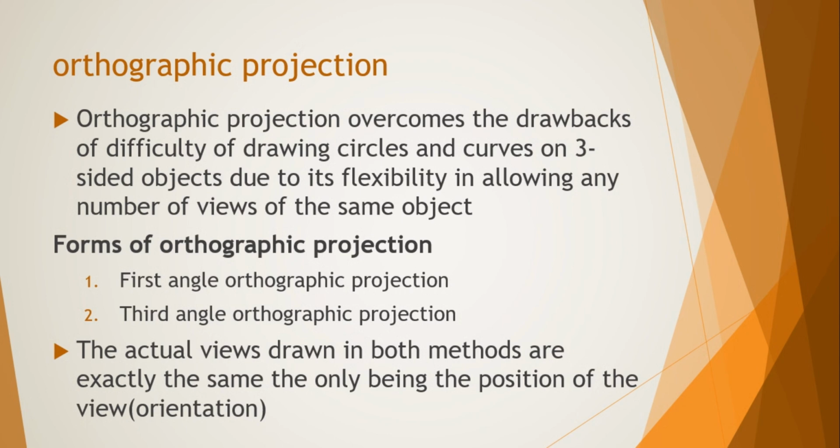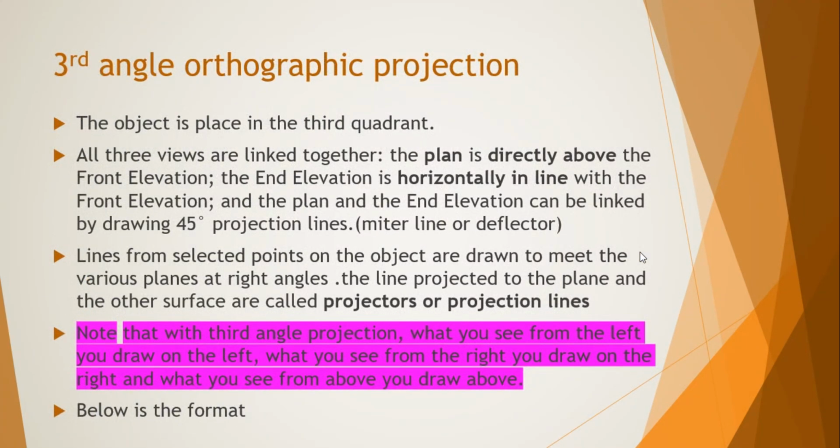The forms of orthographic projection, as we have discussed earlier, are first angle orthographic projection and third angle orthographic projection. You should also note that the actual views drawn in orthographic projection are exactly the same. The only difference is the orientation and the position of the views. That is what differentiates a first angle from a third angle, but basically the views are all the same. So let's begin with third angle orthographic projection.